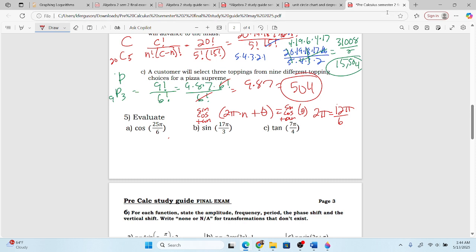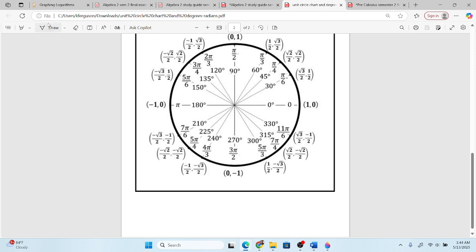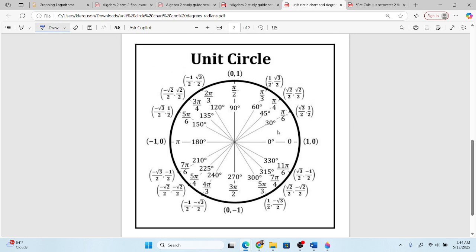See, I got a unit circle. Yep, right here. Okay, so for instance, from 0 all the way around to 360 degrees, that's one rotation. And then if I go right here, the only thing that becomes relevant is this piece right here. So if I have 2 pi plus pi over 6, this is the only part that becomes relevant, because that takes me back to 0.